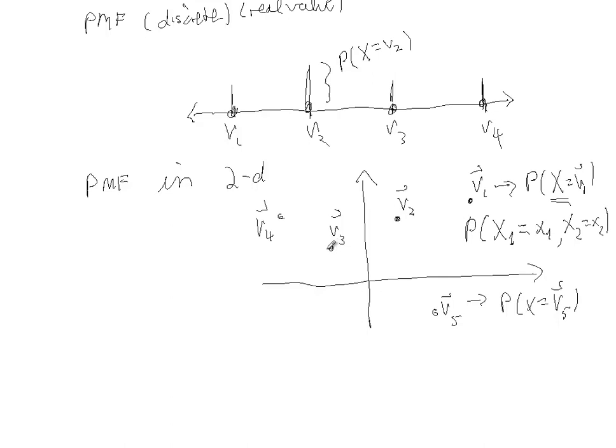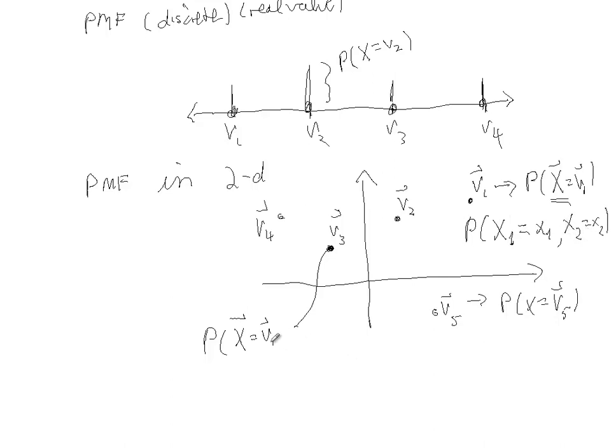Let me go through that argument again because I kind of stumbled over my words. If I want the probability, the PMF for this point here, I want the probability that my random variable X is equal to v1. And I probably should put an arrow over my X just to indicate that X is a vector random variable. I'm sorry, those don't have vector over them because X1 is the first component, X2 is the second component.